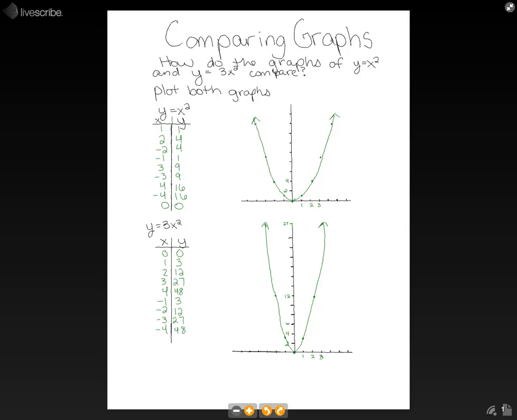So by looking at the data, we see that the y equals 3x squared plot grows faster. And we know that's because of the coefficient.